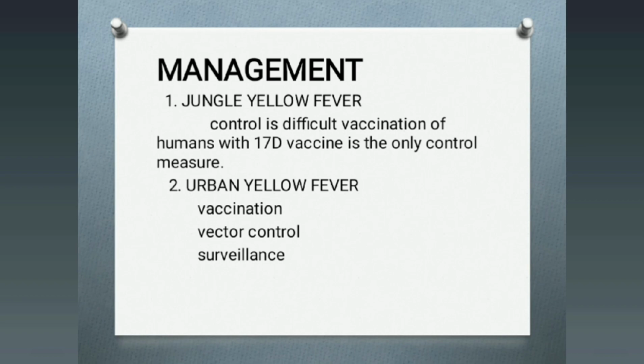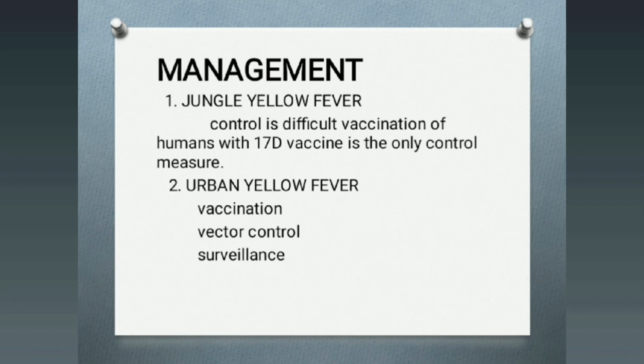Jungle yellow fever control is difficult, but the 17D vaccine is the only control measure. Urban yellow fever is controlled by vaccination, vector control and surveillance. Vaccination is rapid immunization, a controlling measure of yellow fever.